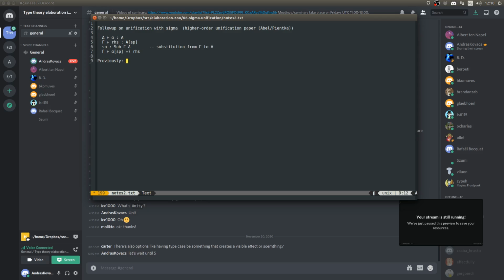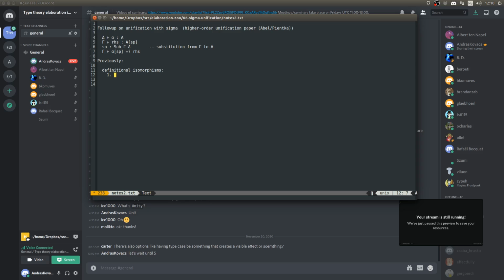So what's a solution to unification with sigma types? The solution was that we had two definitional isomorphisms.